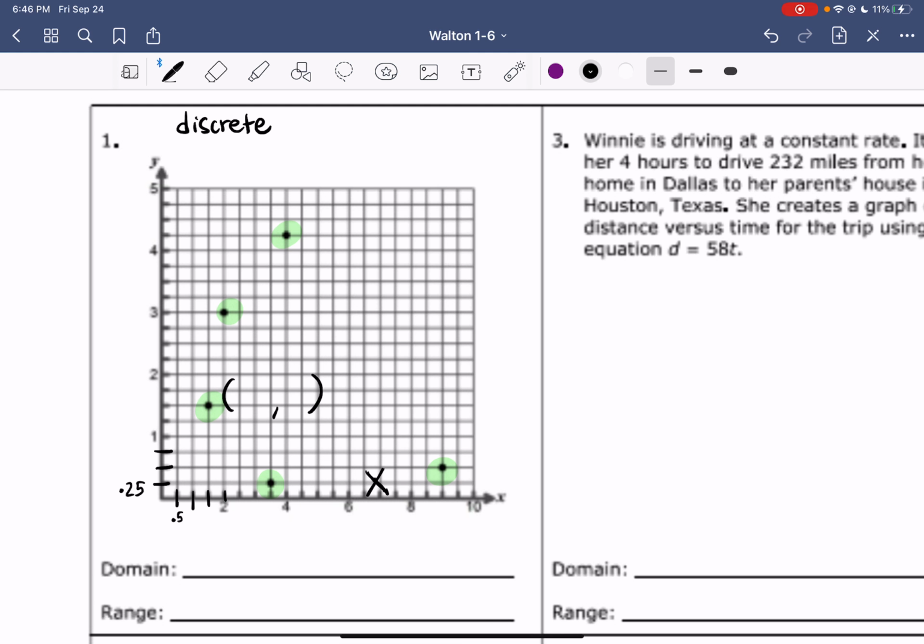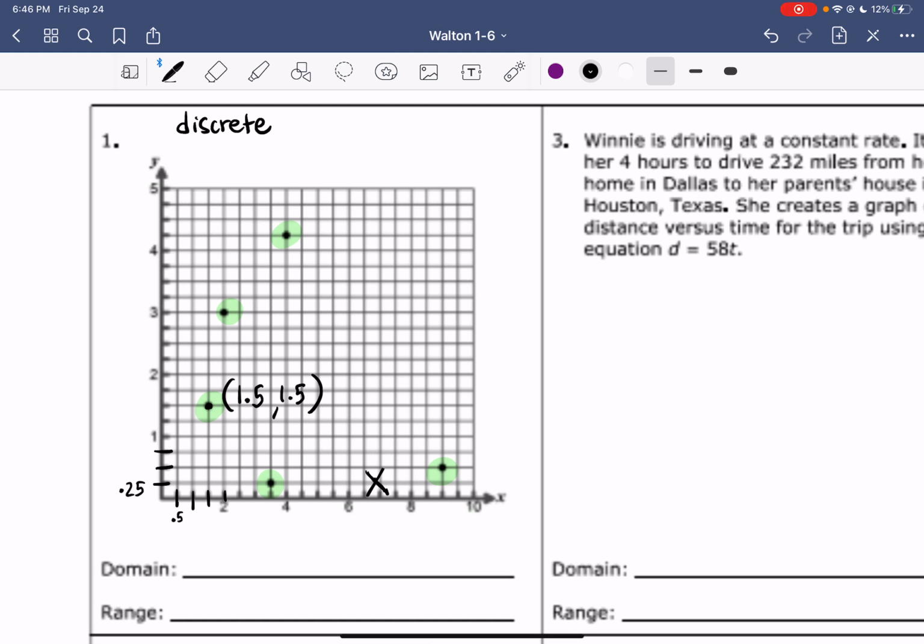We need to make sure that that is clear. So this first point, we're going at 1.5 for our x value, and my y value is all the way up here also at 1.5.